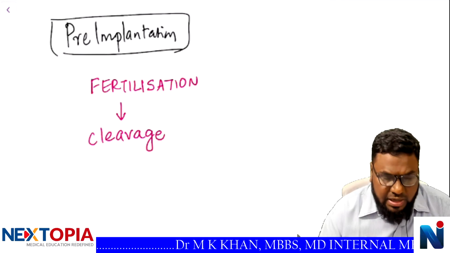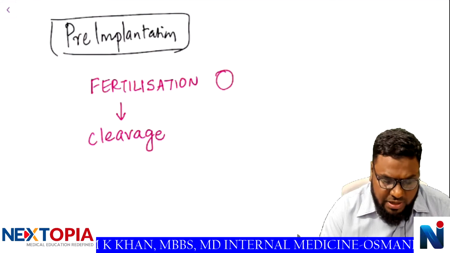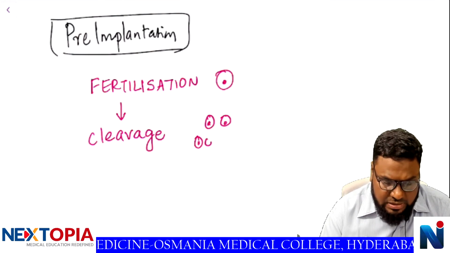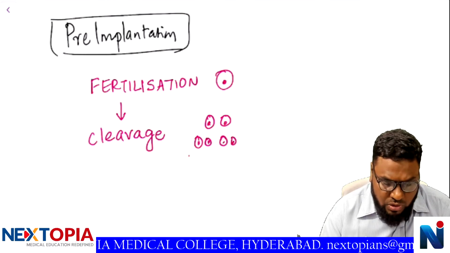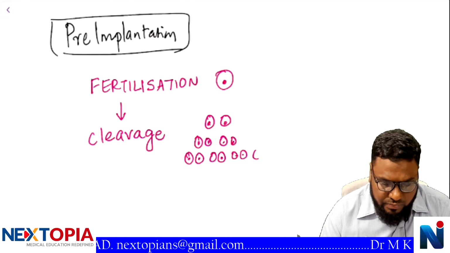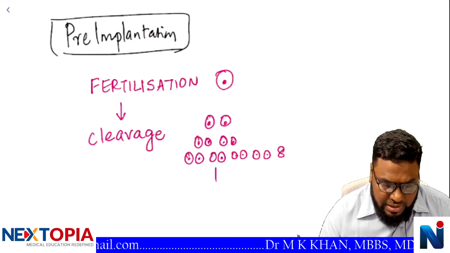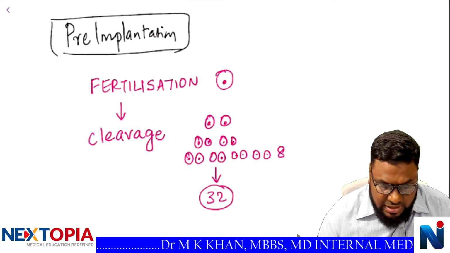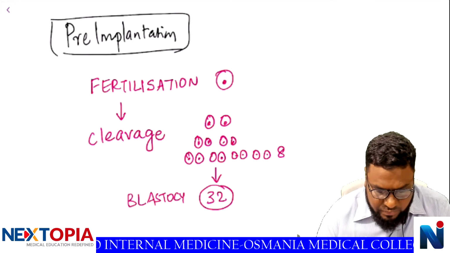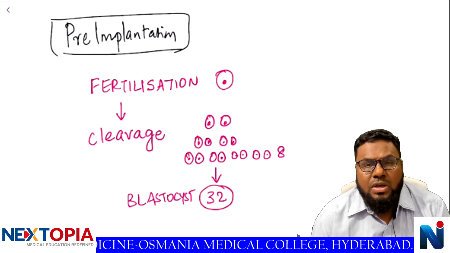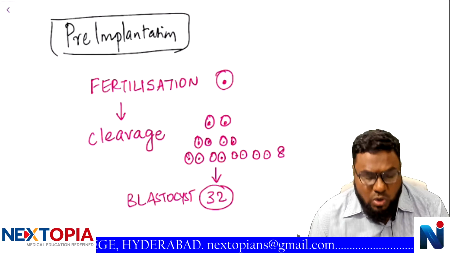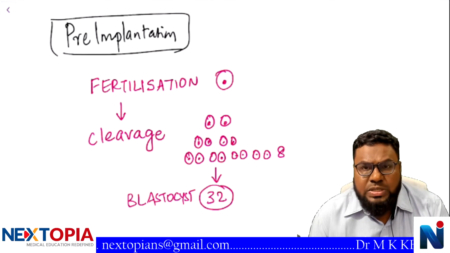Cleavage is division of a fertilized zygote into 2 cells, from 2 to 4 cells, from 4 to 8 cells, and like that to 32 cells. This 32 cell stage is called the blastocyst. So from cleavage of this zygote to morula followed by the blastocyst.